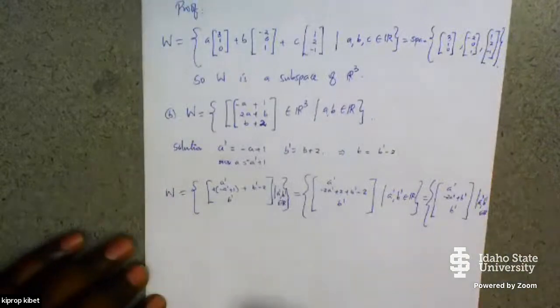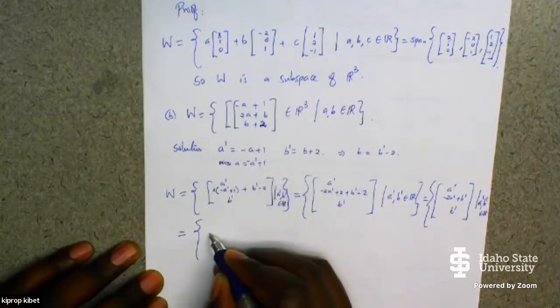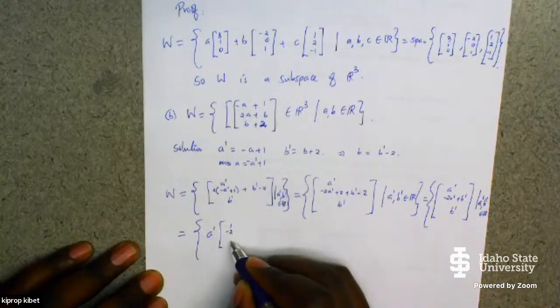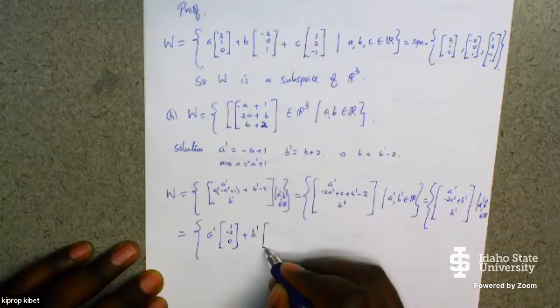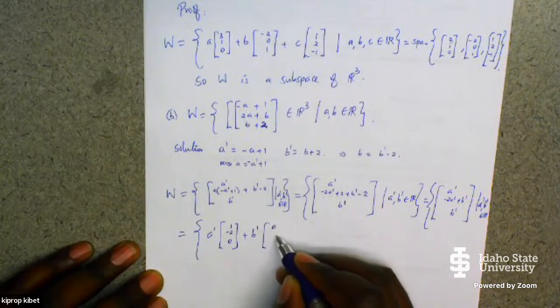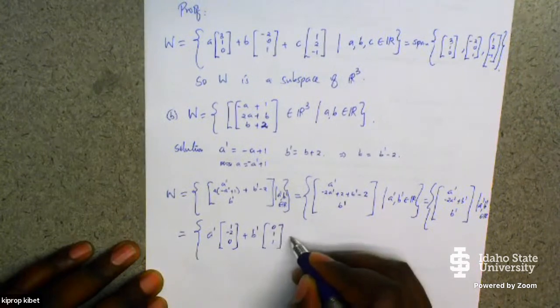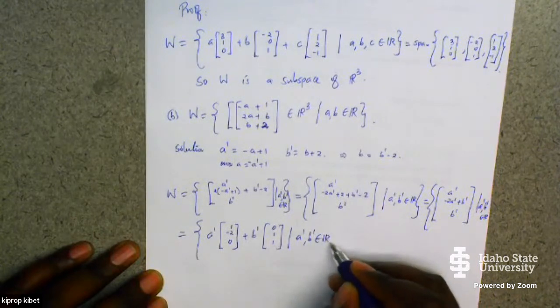Now, this can also be written as: you factor out A prime, then it is 1, -2, and 0, and then plus B prime times 0, 1, and 1 there, such that A prime and B prime are elements of real numbers.